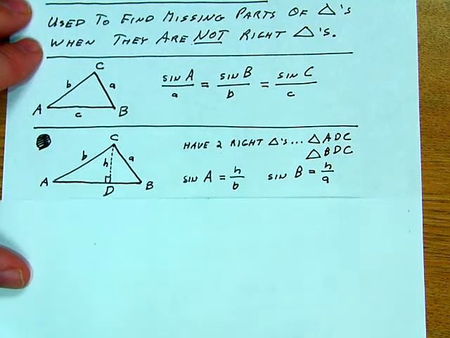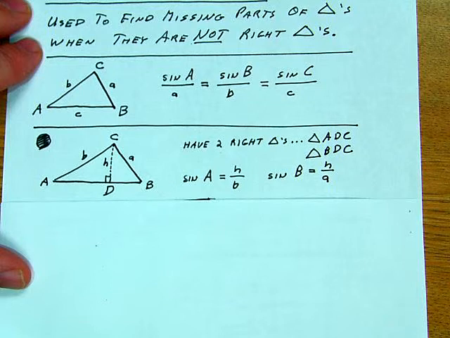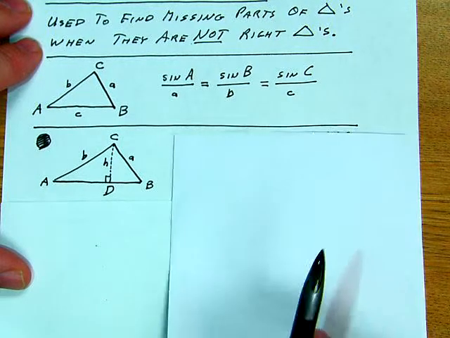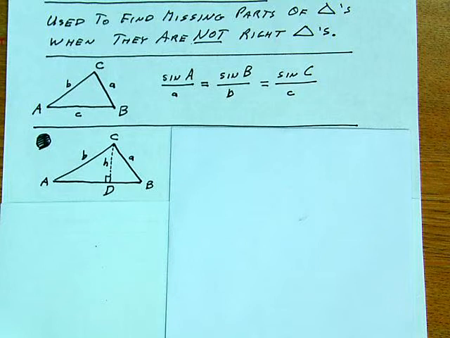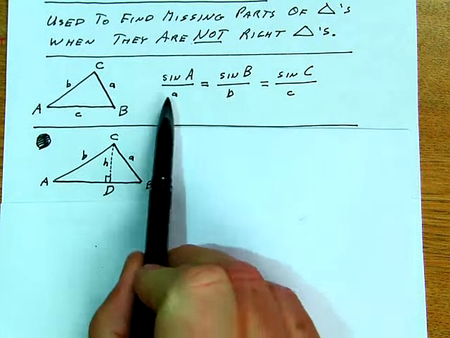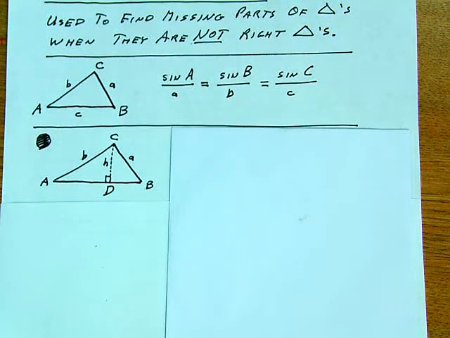All right, so let's say we have the following. Let's prove the above sine theory. We're going to prove that sine A over a and sine B over b are equal to each other.